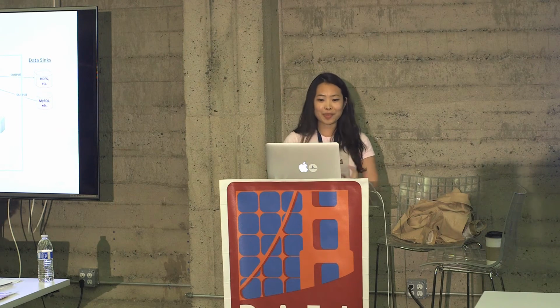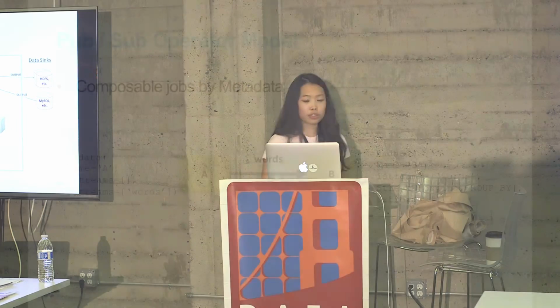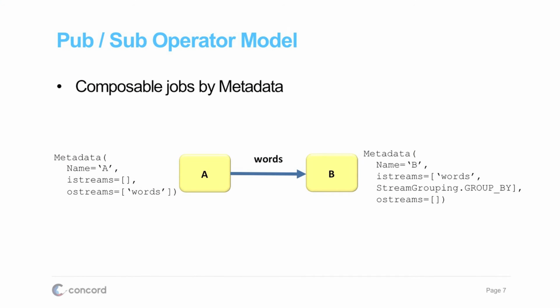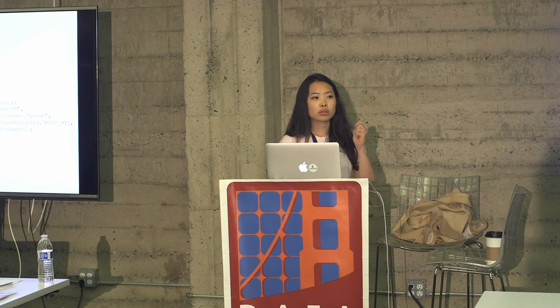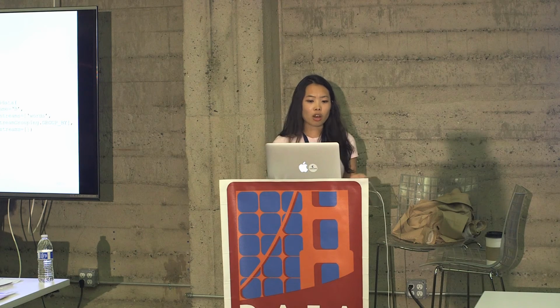To go into a little bit more detail, as I said, we see the world of streaming applications as operators. In a way, you can see Concorde as a global pub/sub mechanism. Basically, each operator can publish to any data stream by declaring a name, or subscribe to any other operator by specifying the name of the stream. These stream names are just globally unique names inside Concorde.